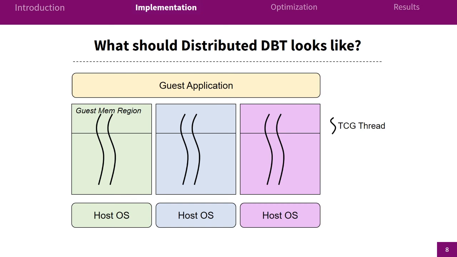A distributed DBT should look like there are multiple instances running on different nodes, and there is a distributed shared memory across nodes that maintains the guest memory region's cache coherence. We did not synchronize all the virtual space of the process, to avoid extra overhead, but only the guest memory region.